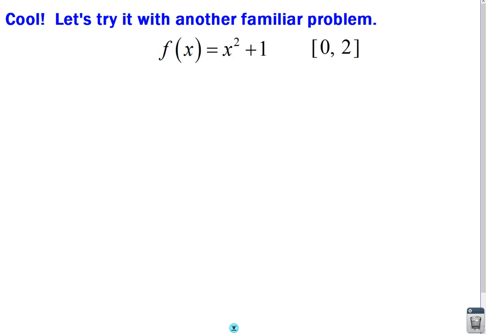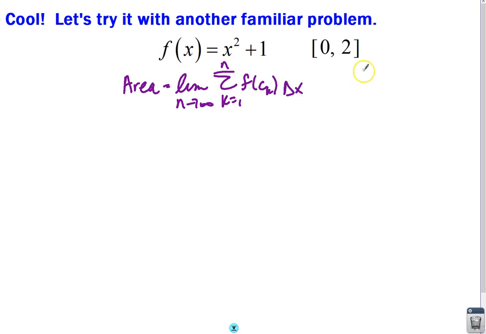So hopefully you paused it and came back. I always start out with my formula: limit as n approaches infinity of the sum from k equals 1 to n of f of c sub k times delta x, where c sub k equals a plus k delta x, and delta x equals b minus a over n.